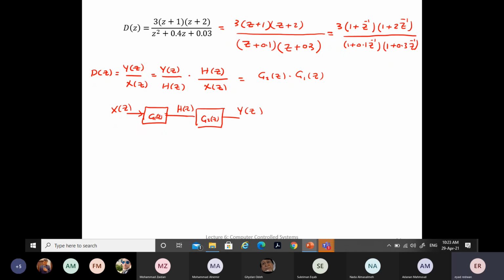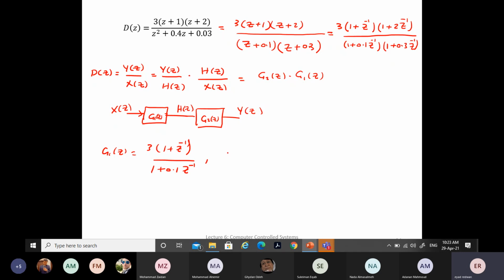G1 of z, if we take the first term, equals 3 times 1 plus z to the power minus 1 over 1 plus 0.1 z to the power minus 1.